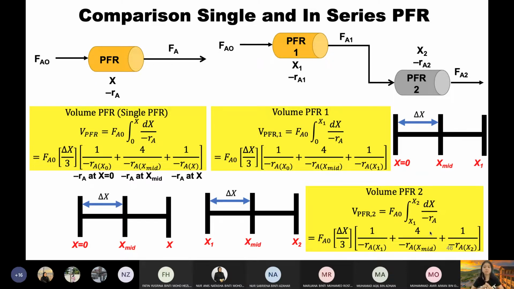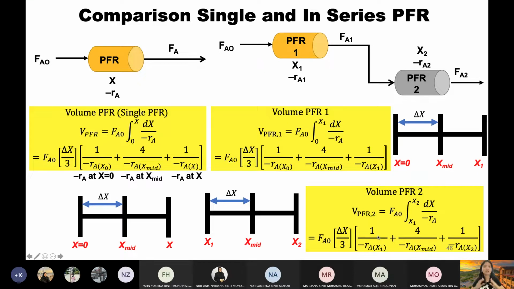So delta X is between the first X and the middle X, or the middle X and the final X. So let's say my initial X is 0.6, my middle X is 0.7, hence my delta X is 0.1, because 0.7 minus 0.6 is 0.1. Same if you calculate at the back part. 0.7 to 0.8, what is the julat? Still 0.1, because 0.8 minus 0.7, the julat is still 0.1. So in that case, your delta X is 0.1. Don't forget to divide by 3.